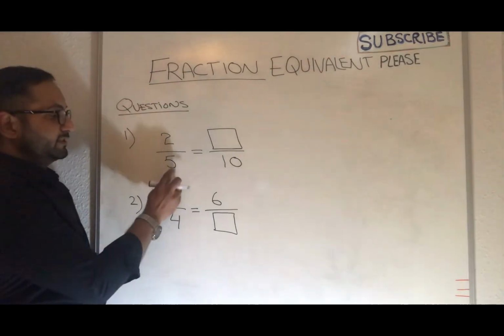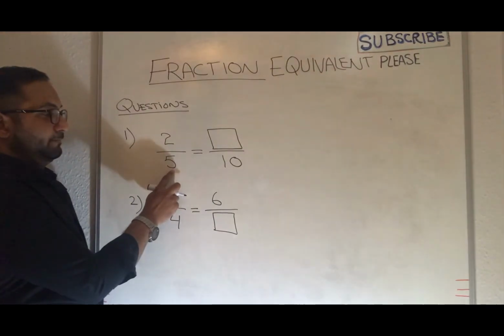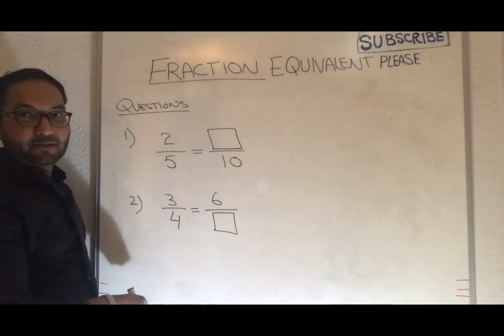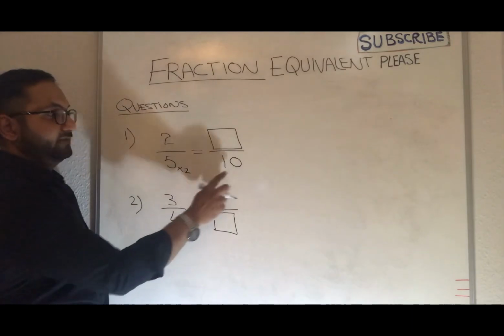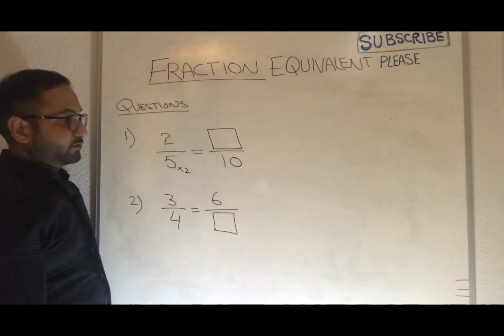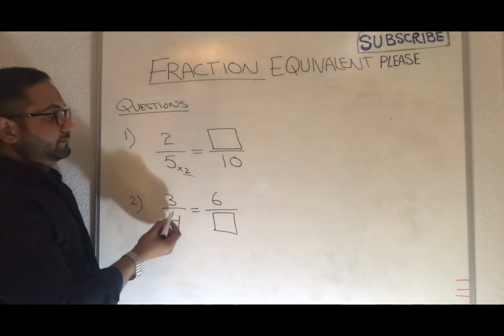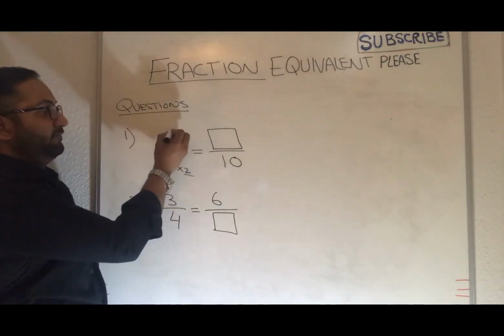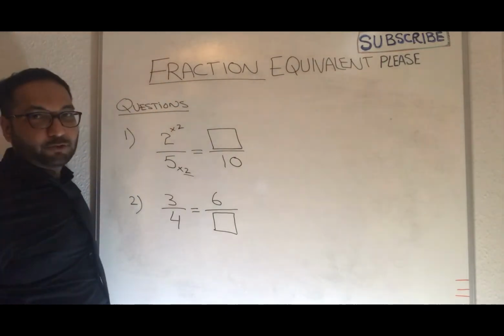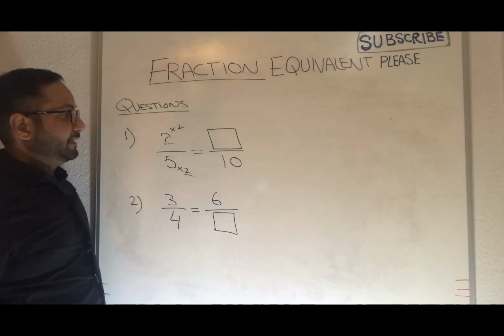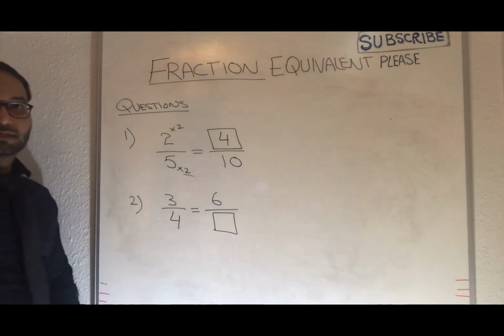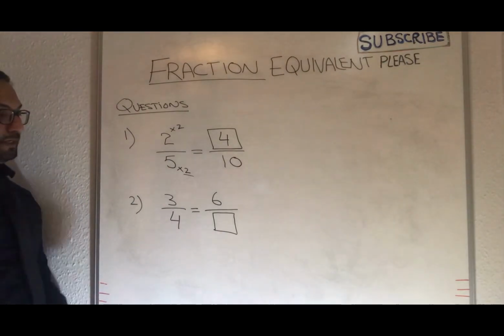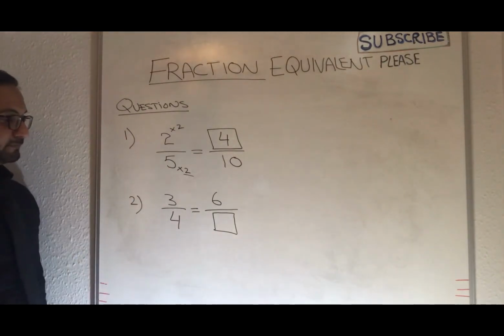So 5, which number do we multiply by 5 to get 10? If we multiply 5 by 2, then we will get 10. So it means 2 is the multiplier. So we have to multiply the top value by 2. So when we multiply by 2, we also get 4. So that's solved.